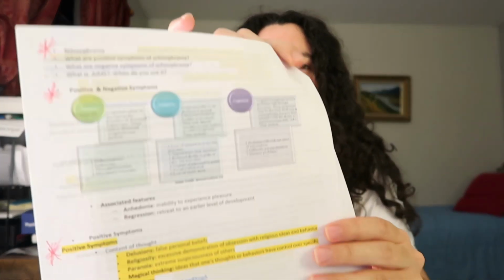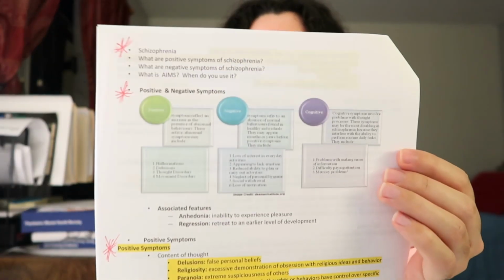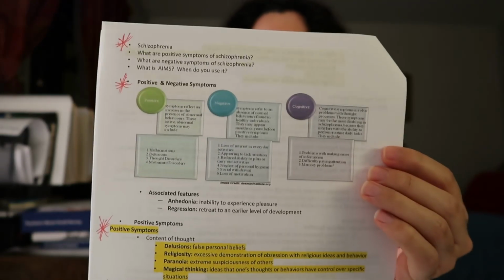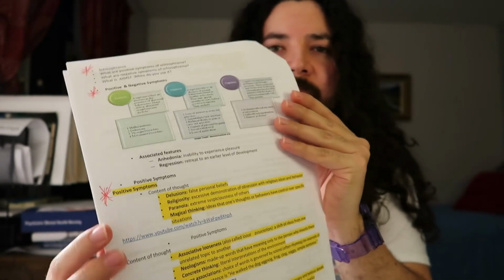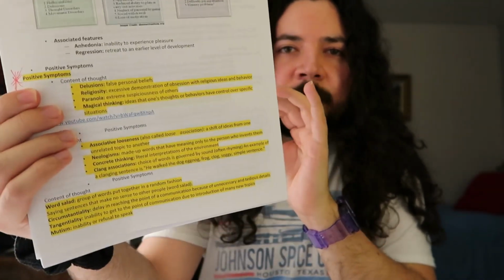In this one, you can copy and paste images and graphs from the PowerPoint to your notes as well. Here I have these little stars, like this is important information that I need to know. And so I would go back and study all of this.